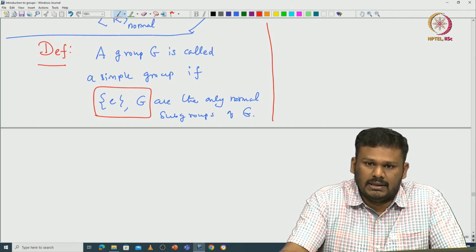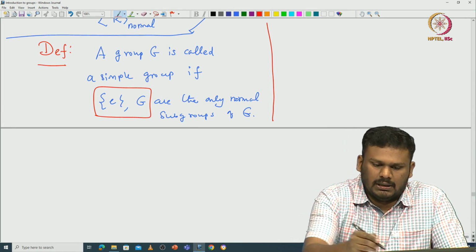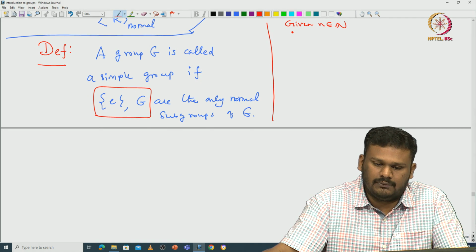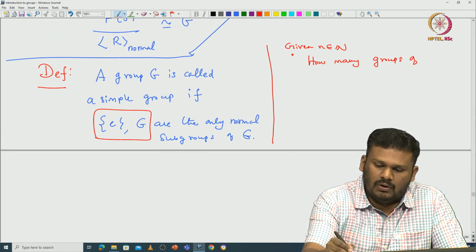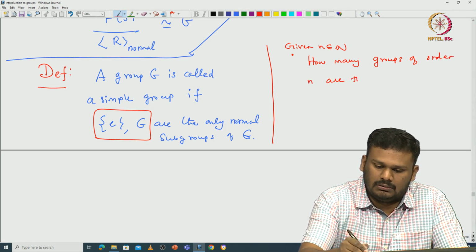Let us fix some n, a natural number. There are two important questions. Given n in the natural numbers, one can ask how many groups of order n there are, of course up to isomorphism.